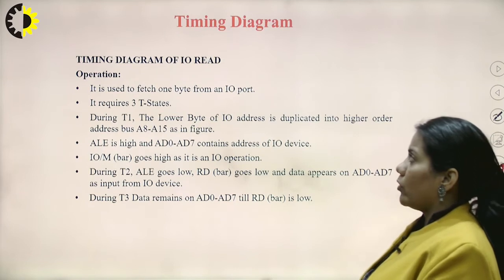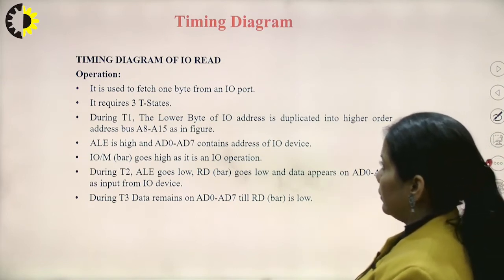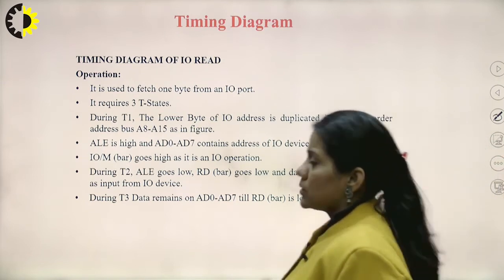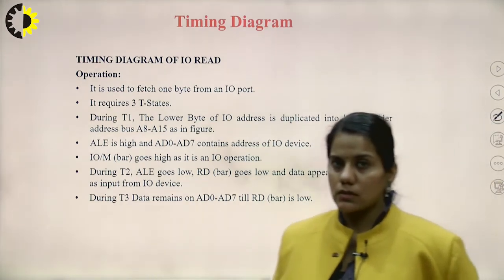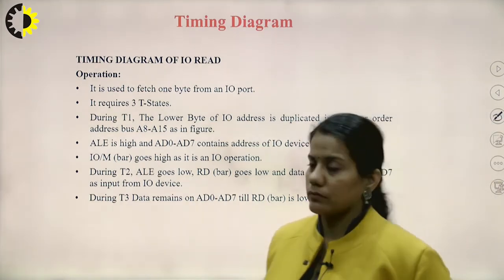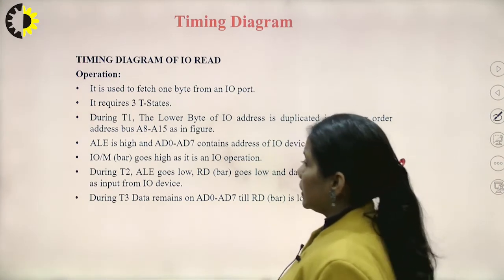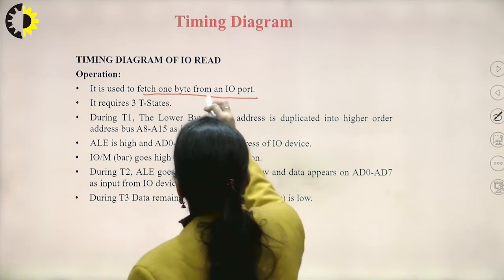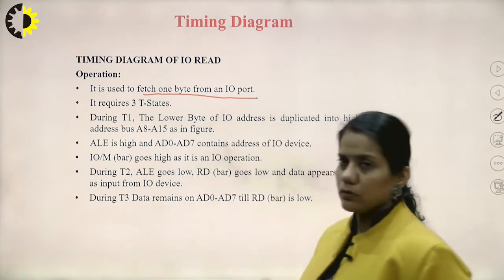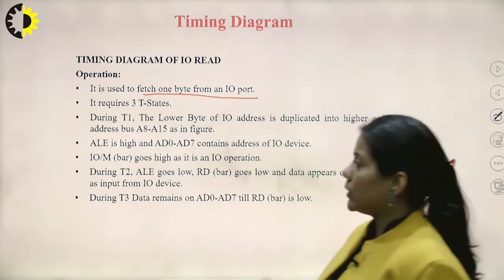Timing diagram of input output read. This operation is related to the input output devices, and this is the read operation. Basically it is used to fetch 1 byte of data from an input output port. It requires 3 T states.